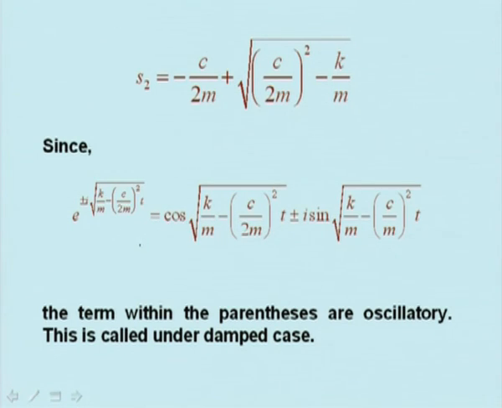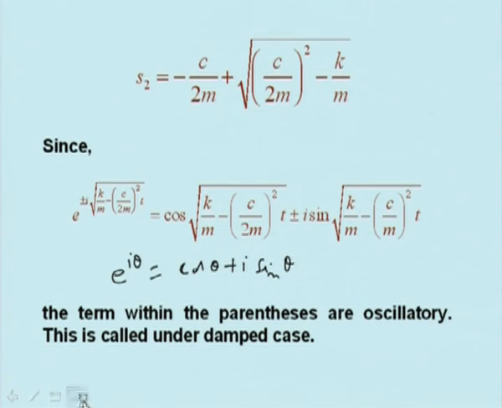This can be written as cos of under root (k by m minus (c by 2m) square) t, plus minus i sin of the same, because e to the power i theta is equal to cos theta plus i sin theta. You have to use that relation.